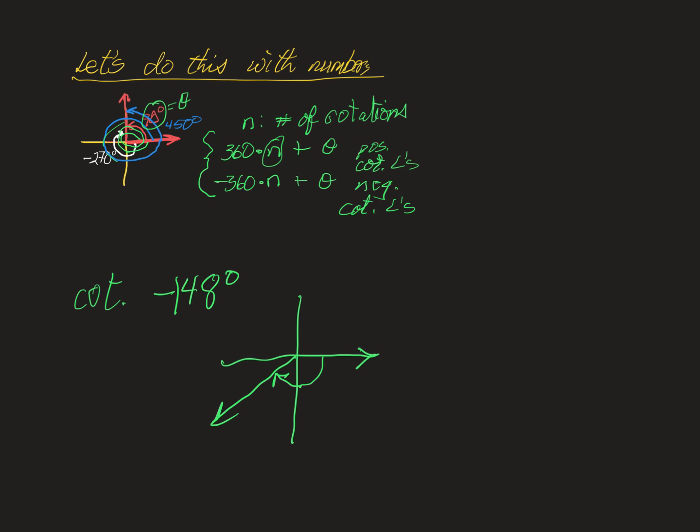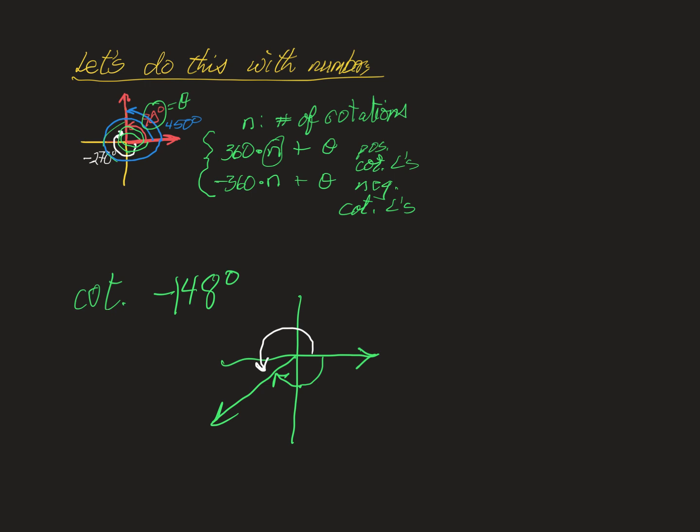So now, what's the next thing that we would do? The next thing we would do is we could just say, thinking about this, a positive angle that's going to be coterminal is this angle right here. Okay, and if you think about it, I'm not quite doing a full rotation here, although you could think of it that way.